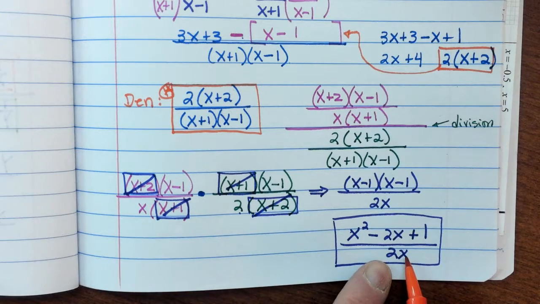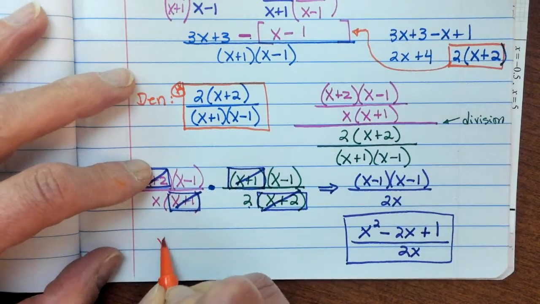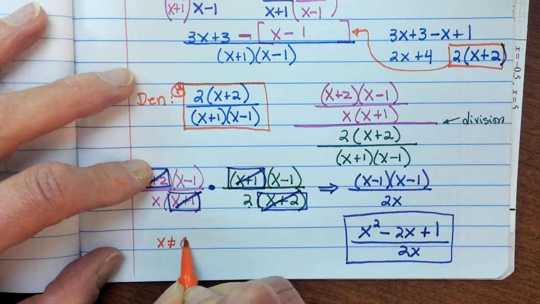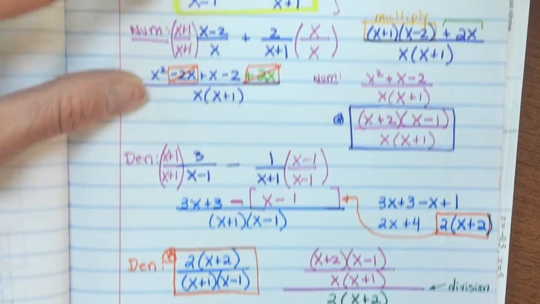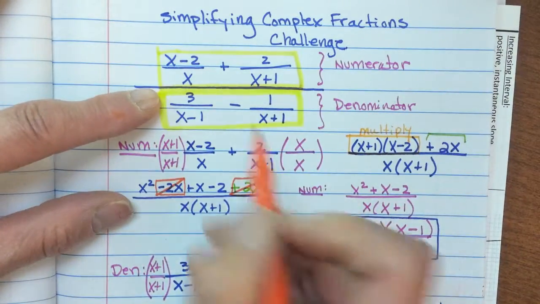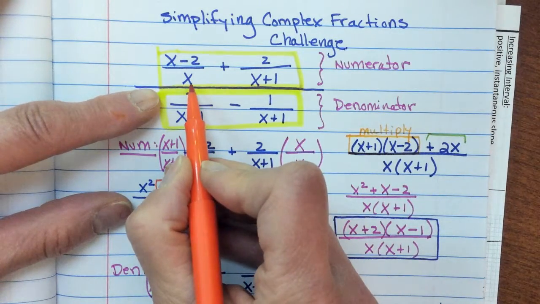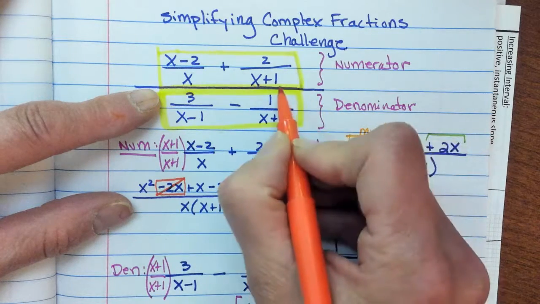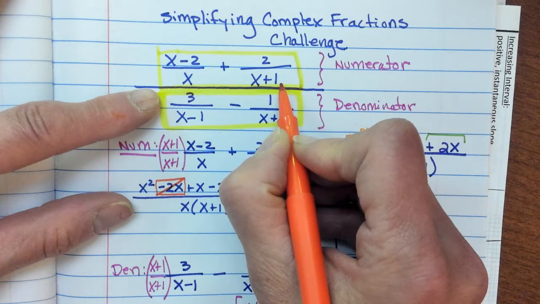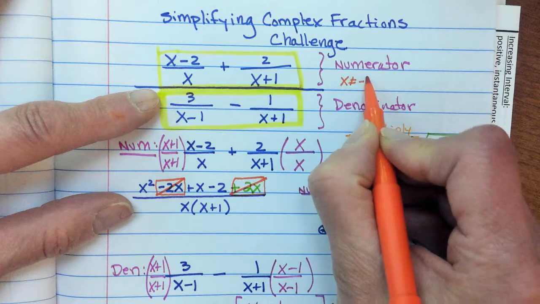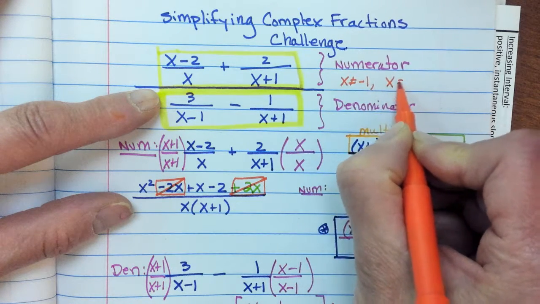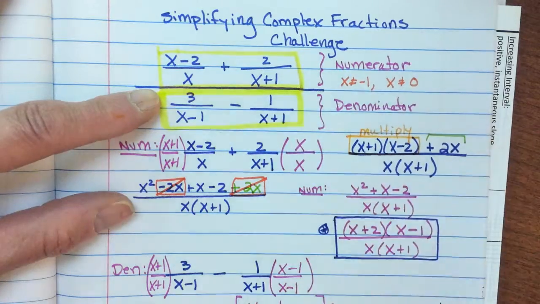So here I can see if x were 0, I would have a problem. So I know that x cannot be 0. And then also I need to look up at the very beginning. So here x can't be 0. Here x cannot be -1. So I'm going to write that over here. x cannot be -1. x cannot be 0.